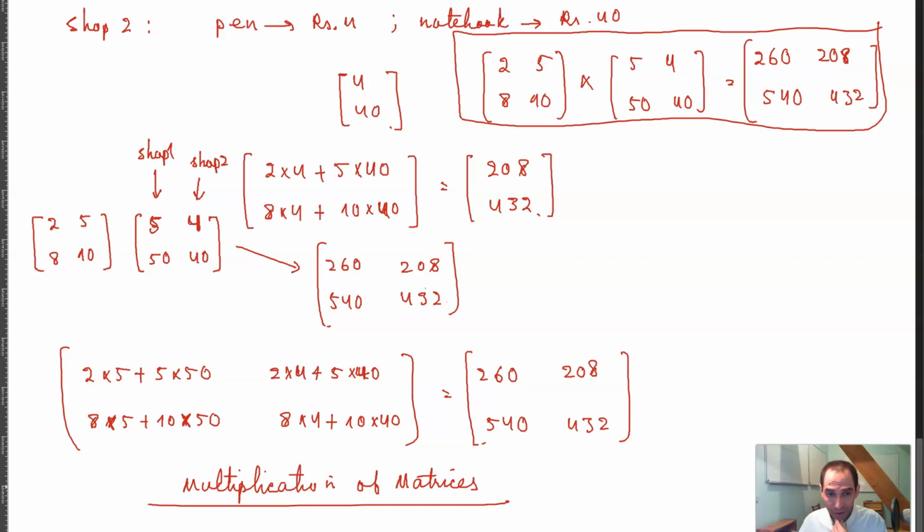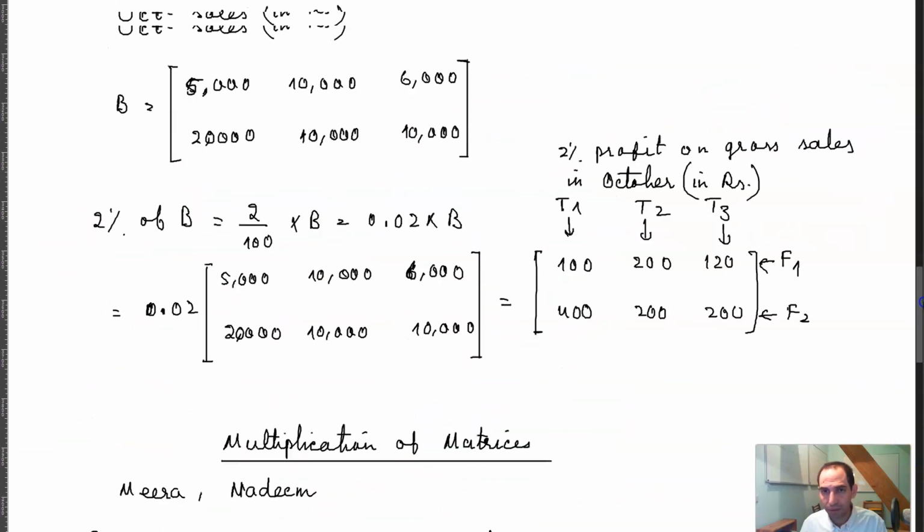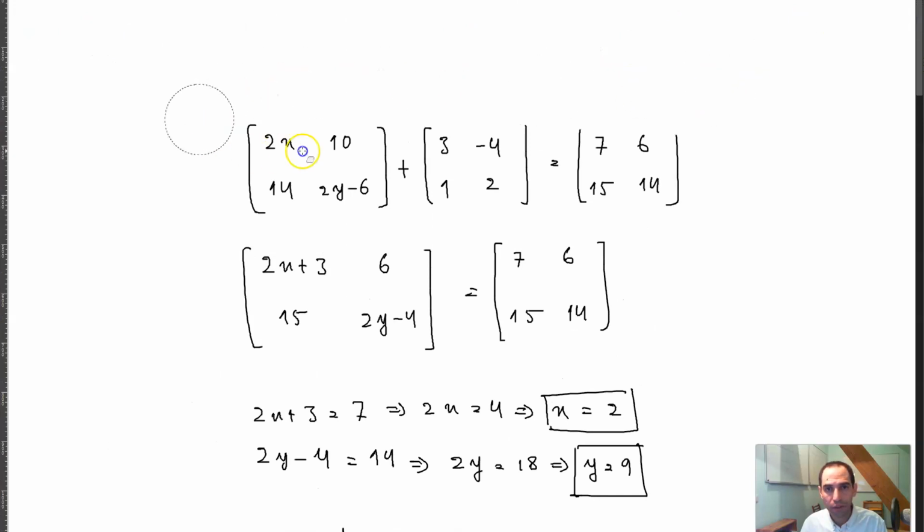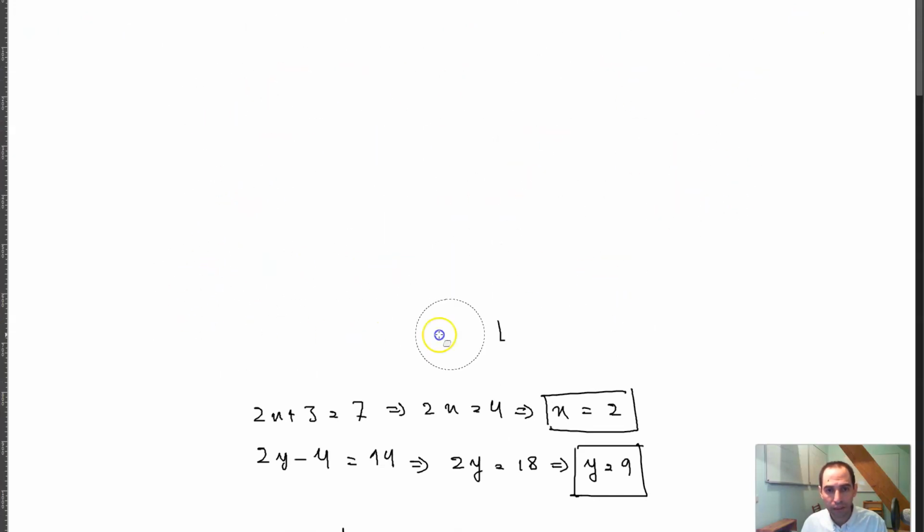Now the only problem that we had here is that, in matrix multiplication, the only thing which is important is this. We said that if you have a matrix, for example, the requirements of Mira and Nadim were 2, 5, 8, 10, which is a 2 by 2 matrix.